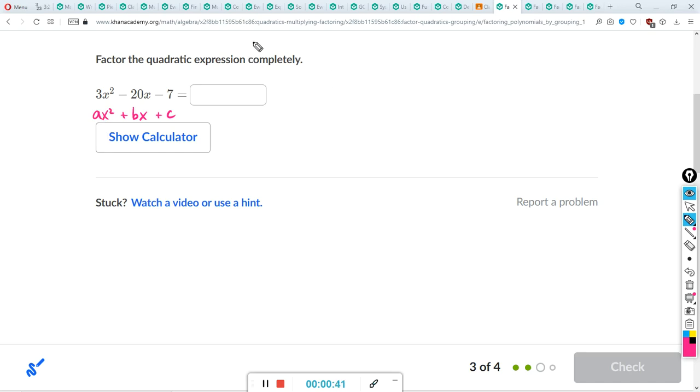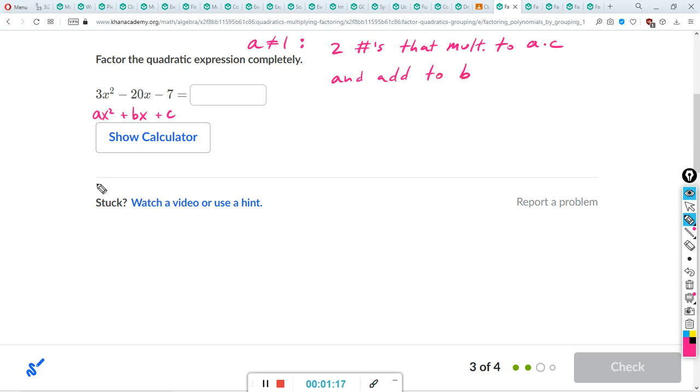So when a is not equal to 1, like right here, a equals 3, you want to find two numbers that multiply to a times c and add to b.